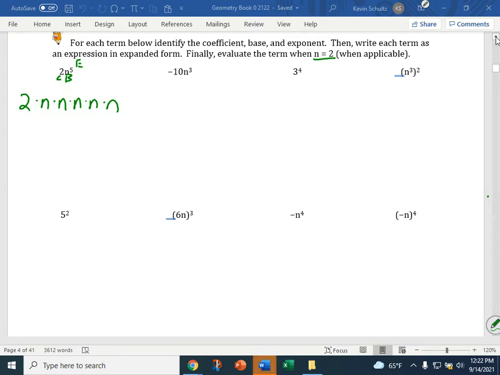And then if we evaluate this when n equals 2, we now have 6 2's all being multiplied. Our coefficient happens to be a 2 as well. But what does that end up being? What's 2 to the 6th power? 2 times 2 times 2 times 2 times 2 times 2. Drake. 64. Very good.